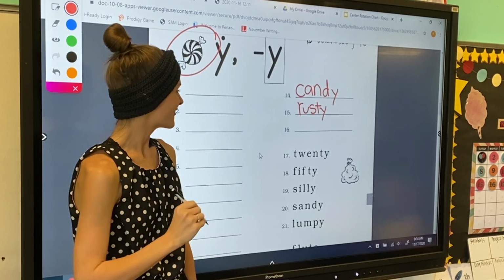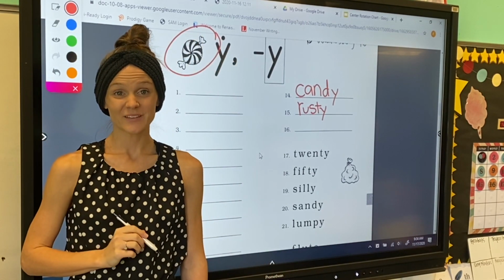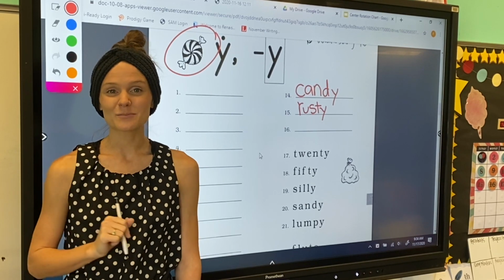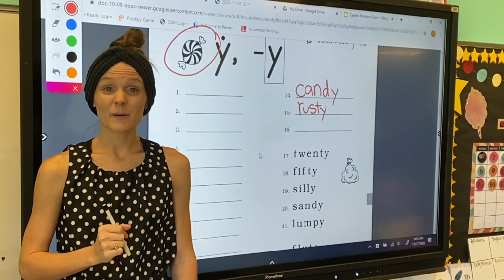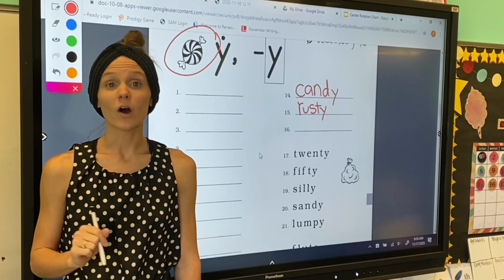Excellent. For number 16, we're going to spell the word sleepy. I hear that E sound in that word. So I know I'm going to be using that E digraph. So I'm going to start by writing sleep, and then we'll add E on the end.